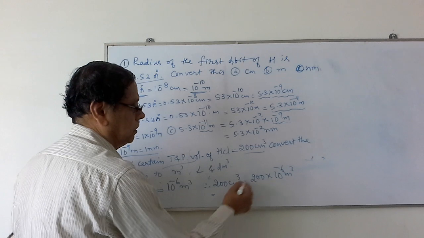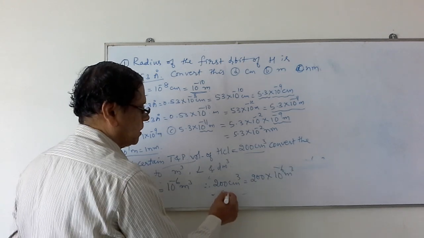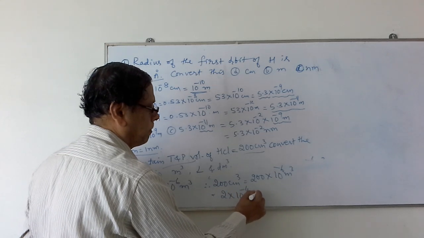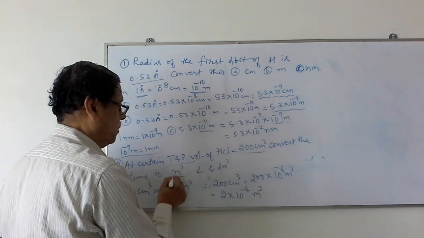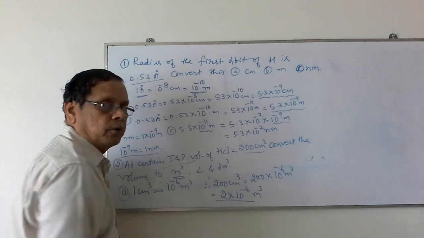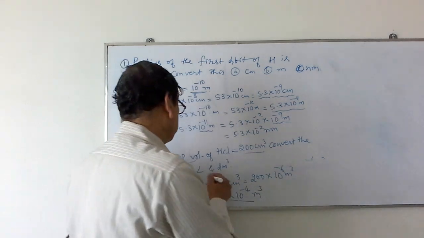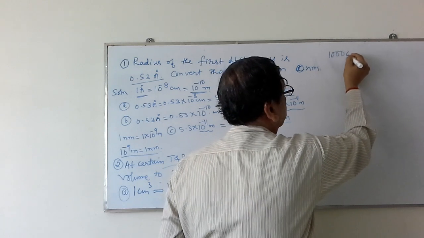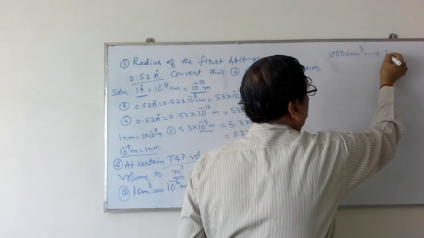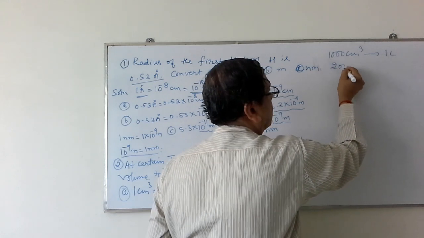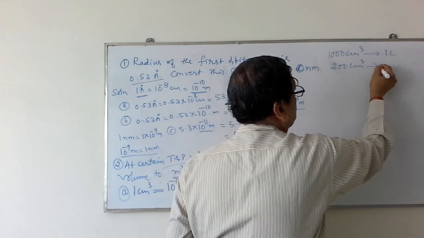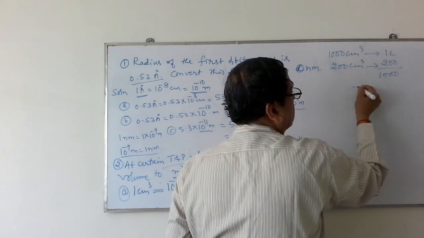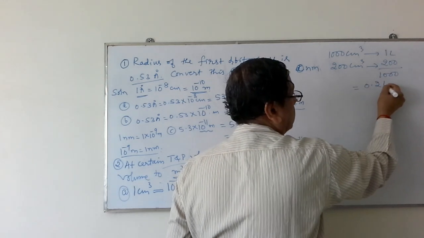That corresponds to 2 into 10 to the power minus 4 meter cube. Then coming to the conversion to liter, 1000 cm cube corresponds to 1 liter. Therefore, 200 cm cube is equal to 200 divided by 1000, that is equal to 0.2 liters.